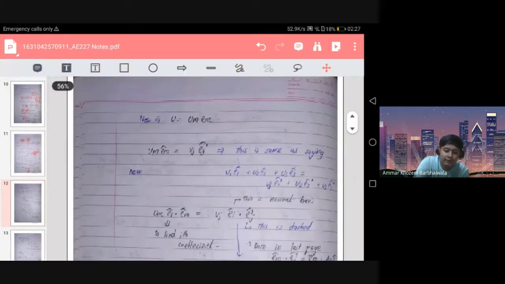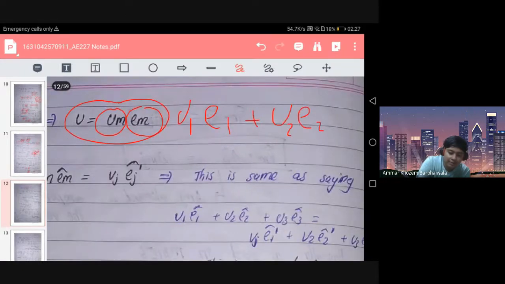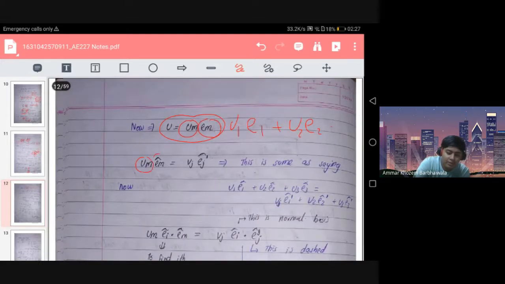And obviously our new vector u would also be some linear combination. So u would be um times em, which means ui ei, that is u1 e1 plus u2 e2 and so on. So this is um em, and this is also vj ej dash.